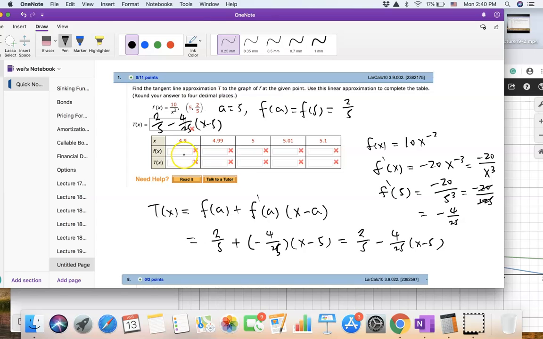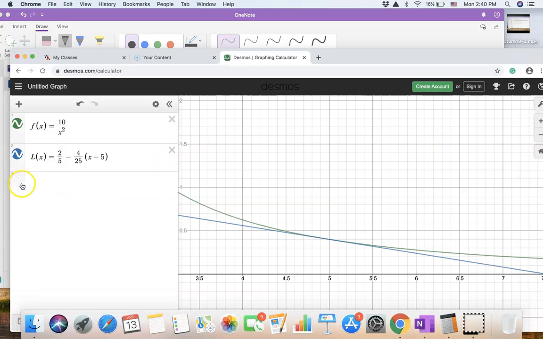Okay, then the problem wants us to evaluate the function when x equals these values, and then evaluate the function T(x), so we can compare the actual result and the estimate value, like when x equals 4.9, f of 4.9 is around 0.4165.